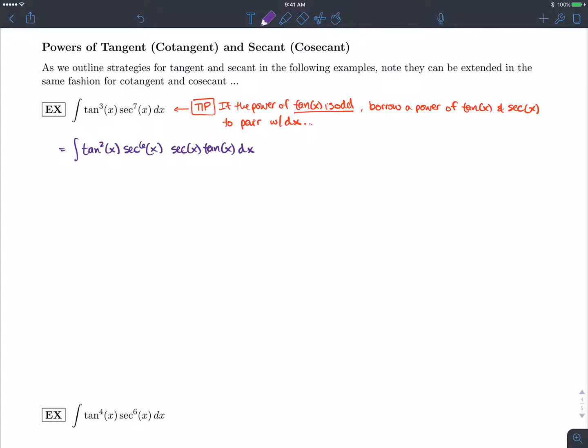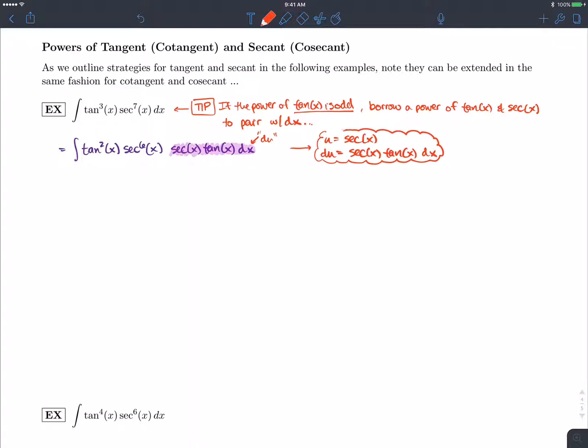Now, hopefully, when you look at this, by setting up a secant tangent dx, kind of like what we did with the sines and cosines, we're preparing our future du at this point. So this is going to be our du in a moment. So if our du is secant tangent, what would our u have to be to result in that? Well, in this case, u would have to be secant of x, and our du would be secant x, tangent x, dx.